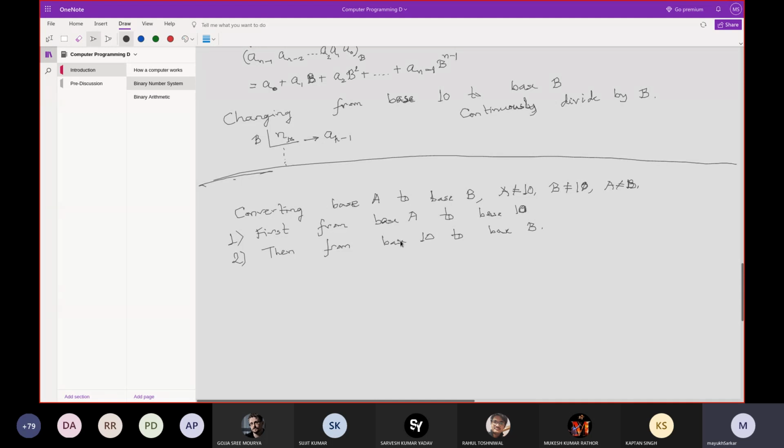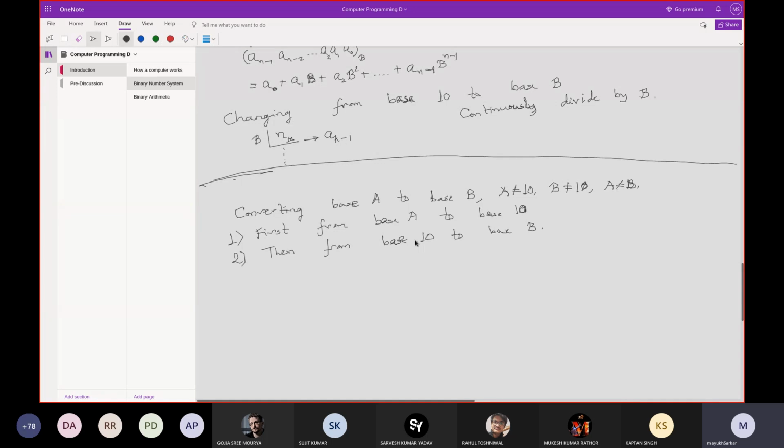Now you may ask, why can't we convert directly from base A to base B like we did from base A to base 10? The answer is that to do that you have to know the corresponding division or multiplication in base A or base B respectively. We do not know that.